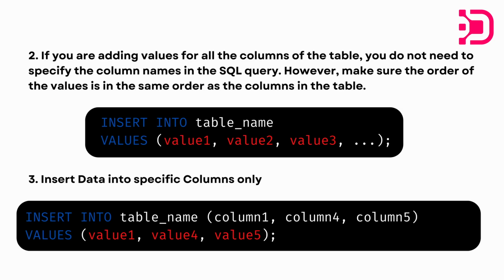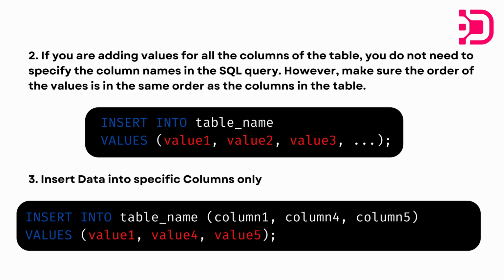So this is talking about how to insert data into specific columns only. And this comes into play generally when we have more complex tables with many columns, and in these kinds of complex tables, a lot of these columns are optional.